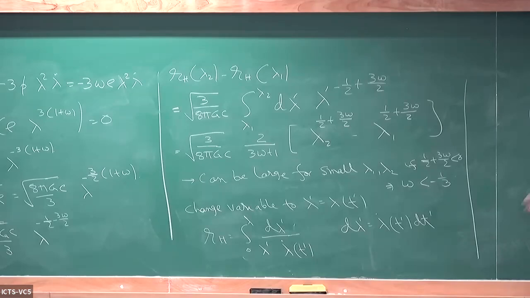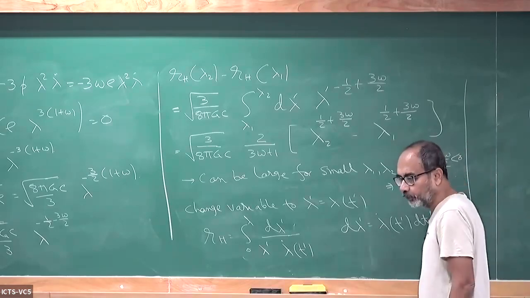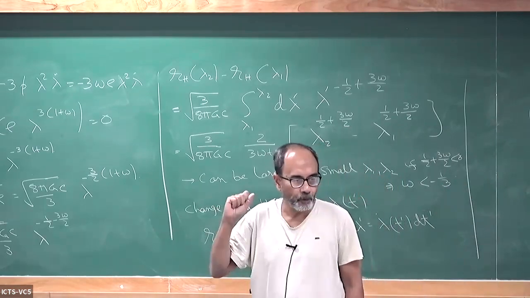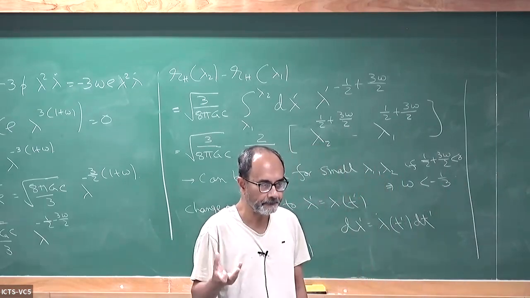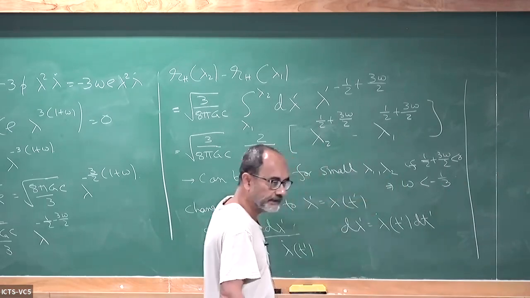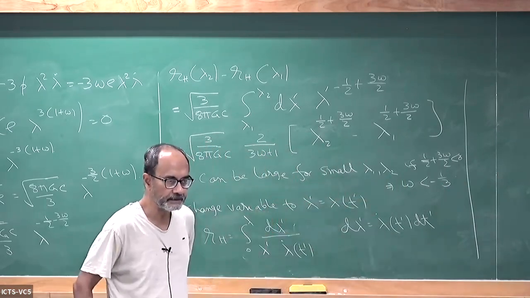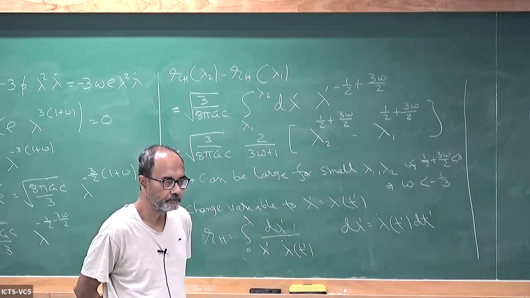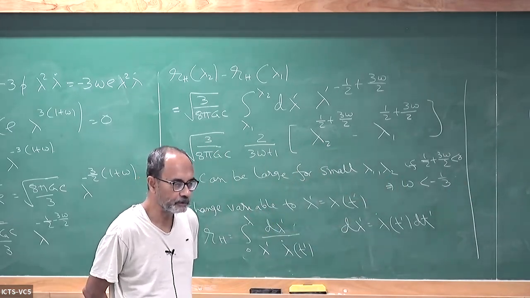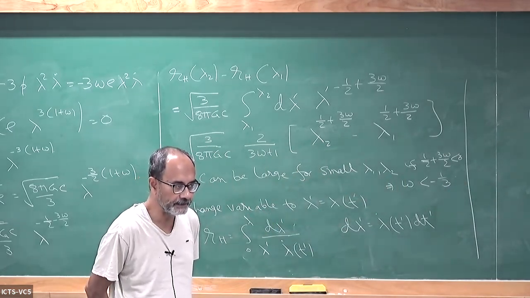Okay, but in this rough picture, this is the physics: if we somehow take w to be less than minus 1/3, it is possible to add a large number to RH in the early universe. So cosmological constant dominance will be sufficient.